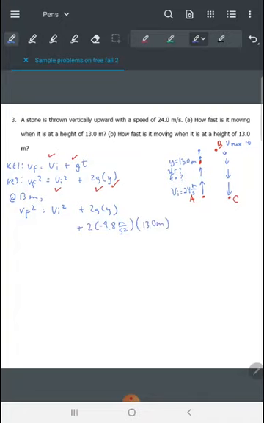Positive kasi above, diba? Above A. VI is 24 meters per second, positive as well kasi paakyat. VF squared equals 24 squared. 24 times 24 is 576 meters squared and second squared. Don't forget to square the units. Tapos, 2 times negative 9.8. Tapos 13.